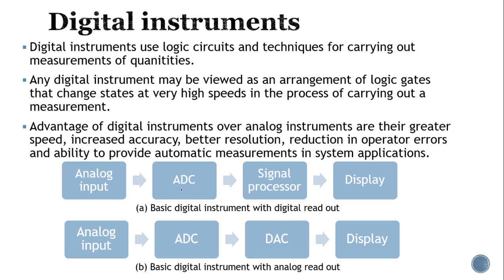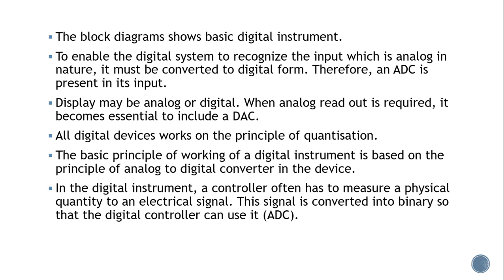That is the same as in the previous case, but then you convert it back to an analog output and give it to the display. The main principle here is quantization, that is, conversion of the analog quantity to the digital quantity. Now, these portions are quite simple.